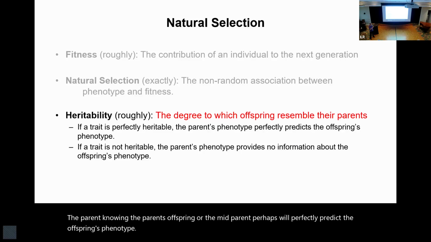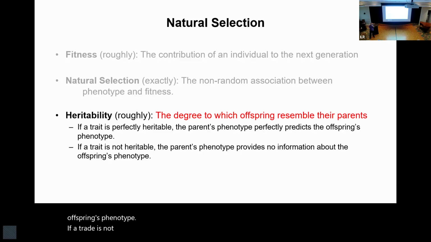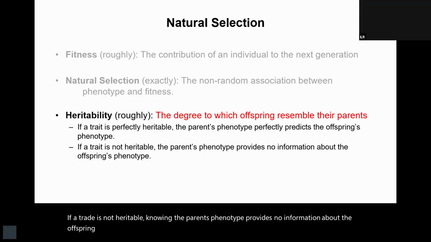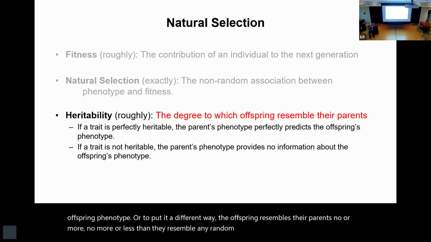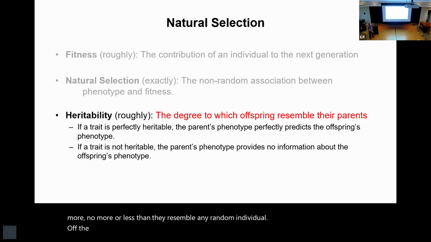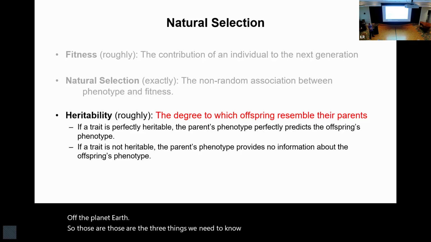If a trait is not heritable, knowing the parent's phenotype provides no information about the offspring's phenotype. Or to put it a different way, the offspring resembles their parents no more or less than they resemble any random individual on planet Earth. Okay, so those are the three things we need to know about natural selection.